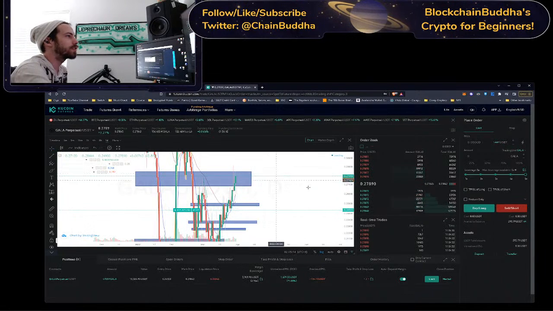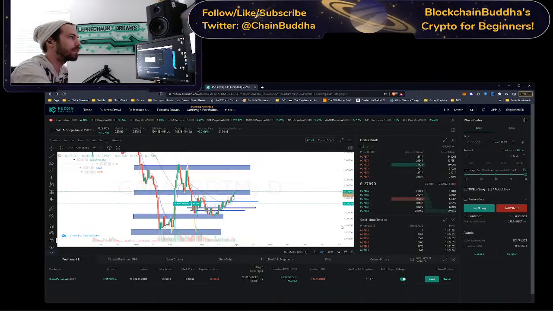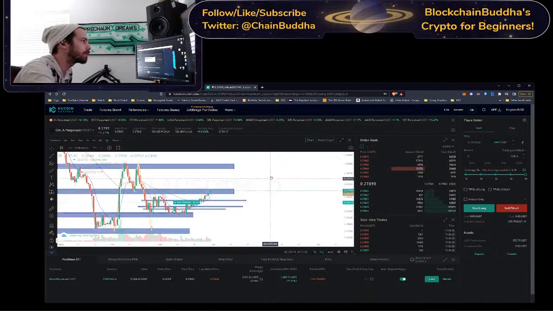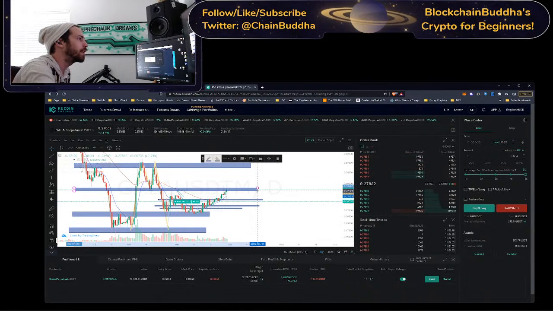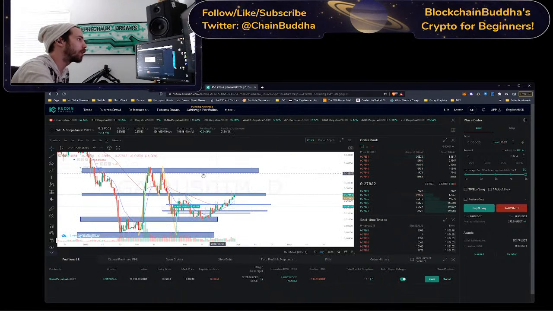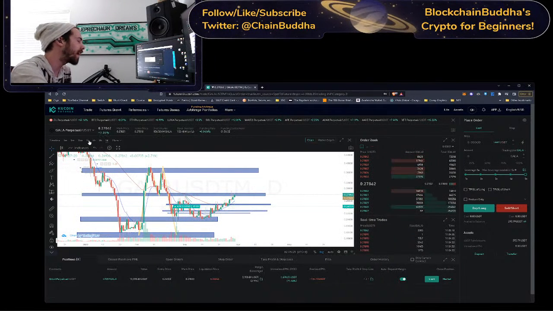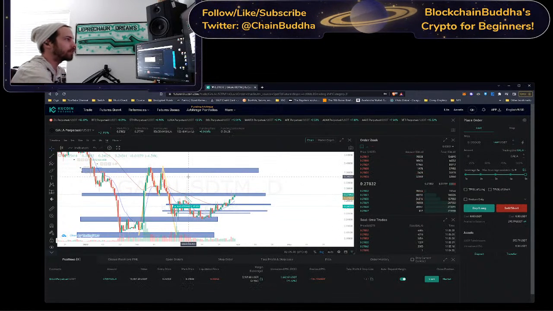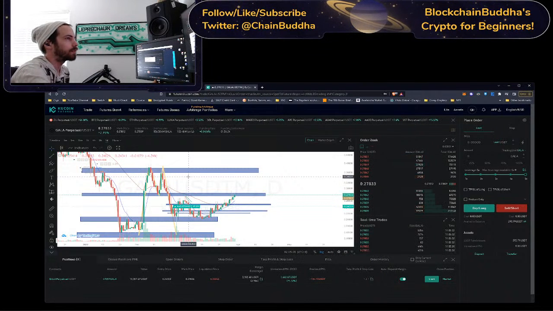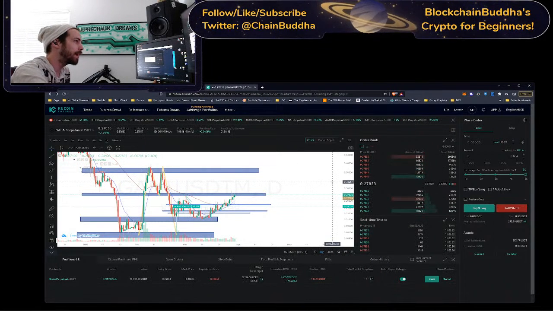Okay, and so you notice the daily zones are going to be bigger zones than your 1 hour zone. You know, these daily zones are going to, price can move in a day, especially Gala. Gala could move 10 cent in a day.